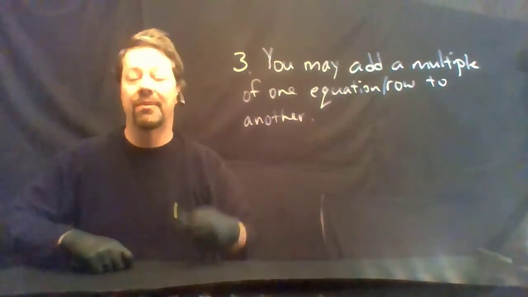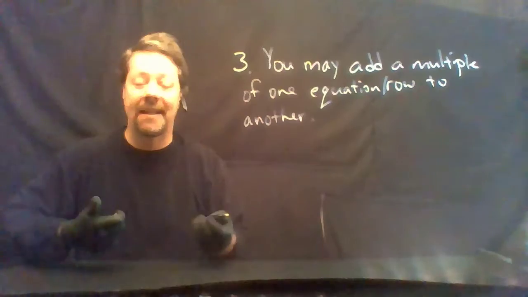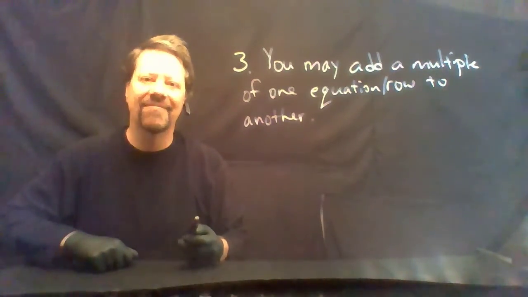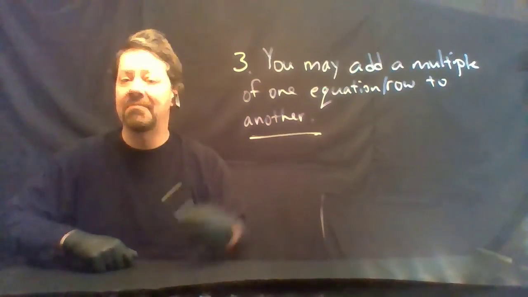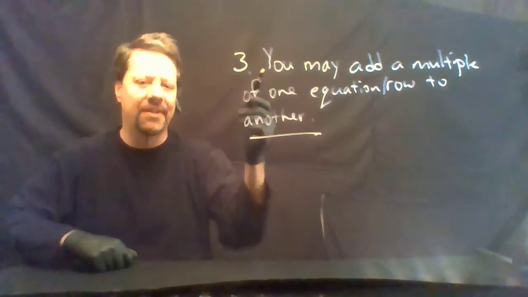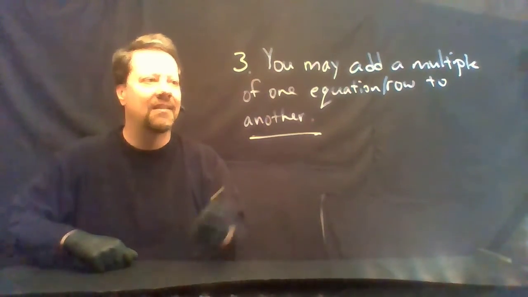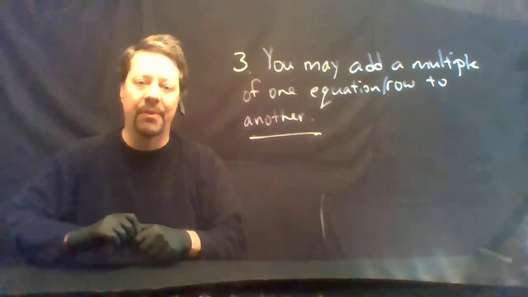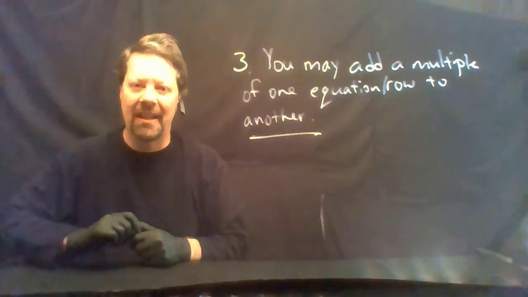Any multiple. Of course, if you add 0 times one equation to another equation, that doesn't change the system at all. But we're allowing you to add any multiple of one equation to another equation. It might be less clear that this elementary row operation does not change the solution set. We'll have to prove that.